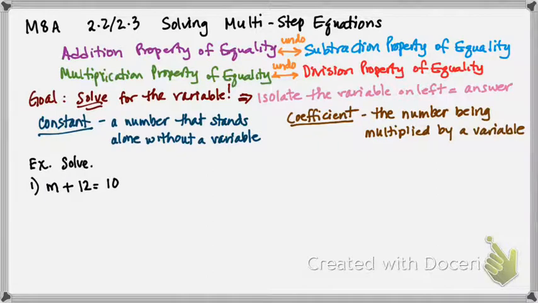So what we're going to do is we have addition in this problem, so that means we're going to use the subtraction property of equality to solve. So we're undoing the addition by subtracting. So whatever value is on the same side as the variable, that's what we're going to get rid of.